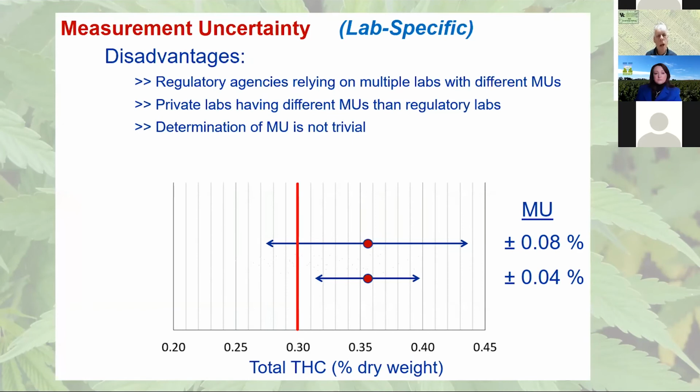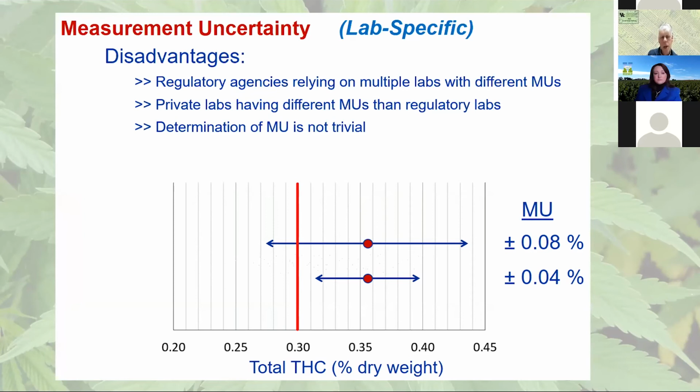And also, determination of measurement uncertainty is not trivial. There are many documents that outline how to determine this, and they're all slightly different. And I don't mean to insult anybody's intelligence, but you need a great deal of statistical knowledge to understand and interpret these documents.